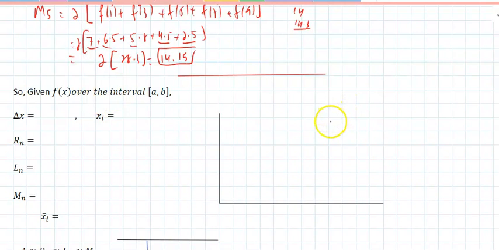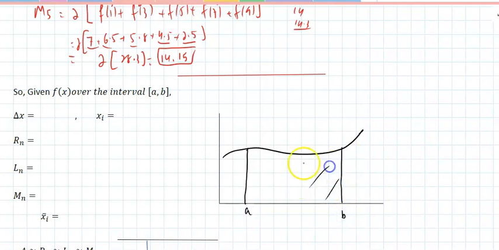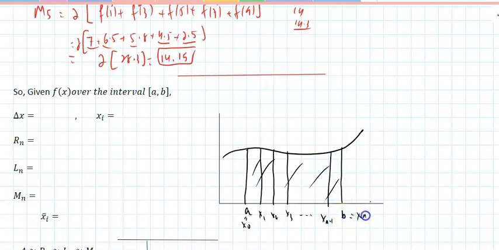Given f of x over an interval between x equal a, and let's say a is not at 0. If I want to find this area, if I call this x sub 0, if I call this x sub 1, if I call this x sub 2, if I call this x sub 3, if I call this x sub n minus 1, and if I call this x sub n.